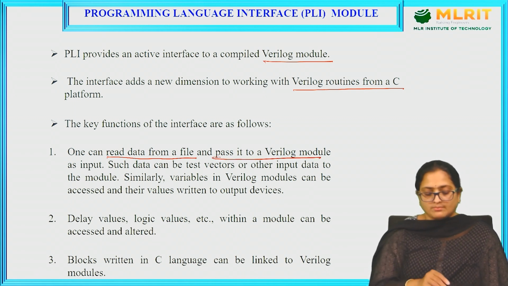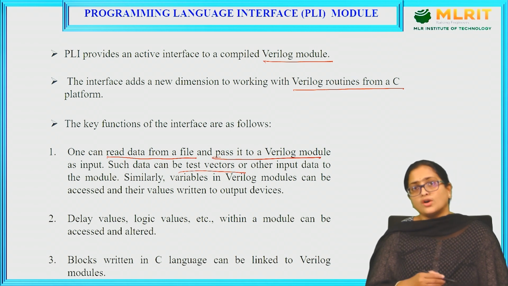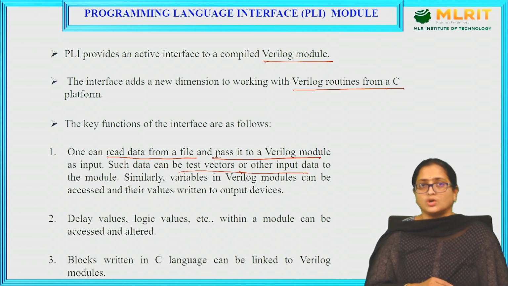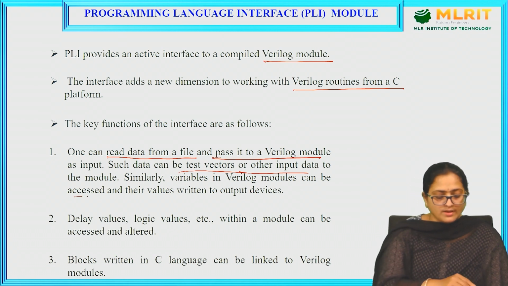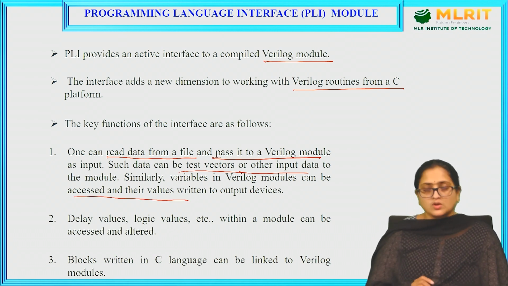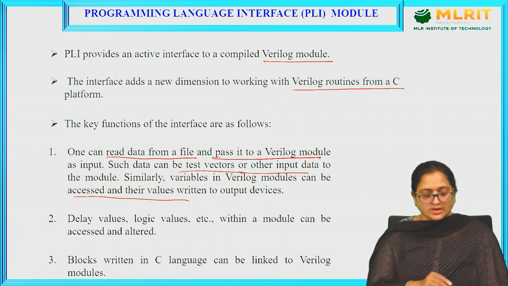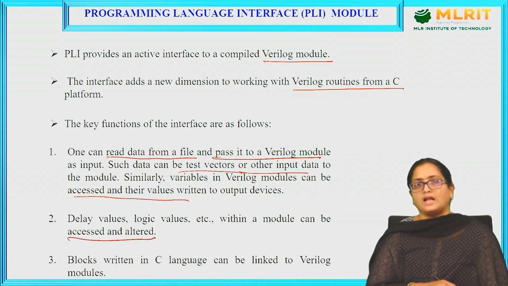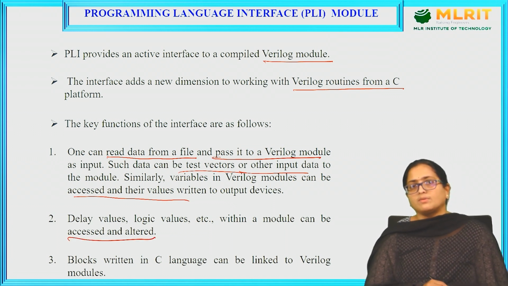Such data can be test vectors or other input data to a module. Similarly, variables in a Verilog module can be accessed and their values written to an output device. Delay values and logical values within a module can be accessed and altered. Blocks written in C can be linked to a Verilog module.